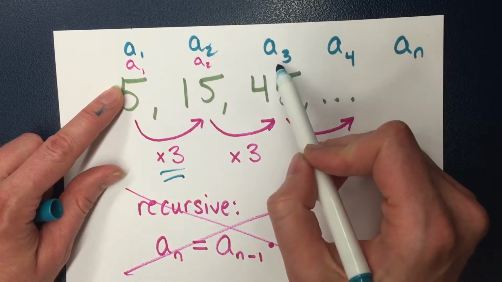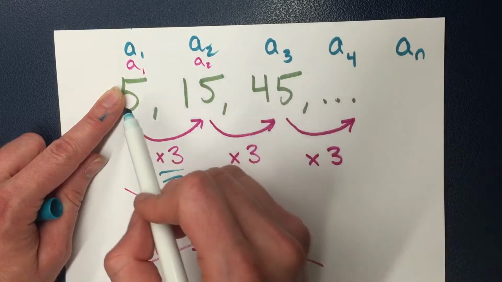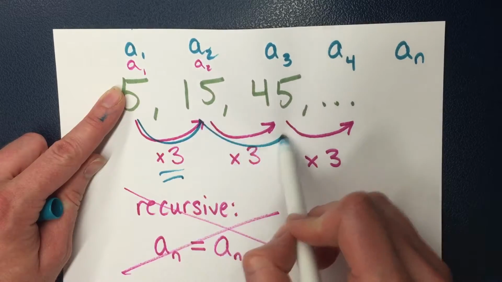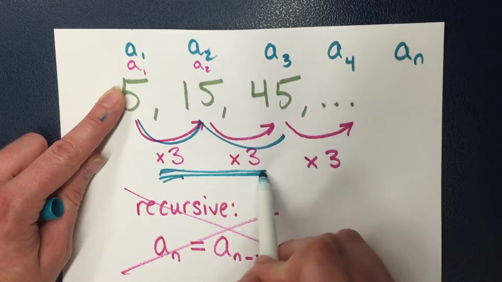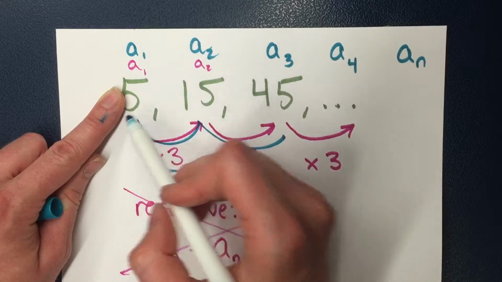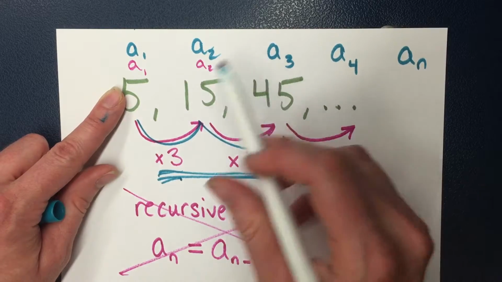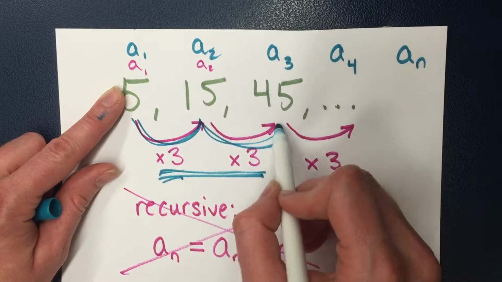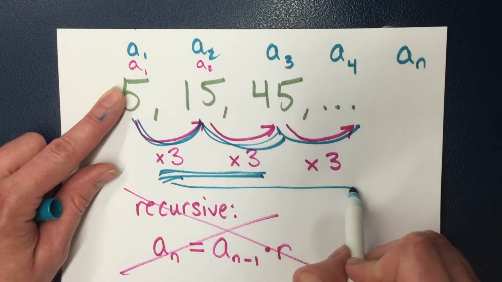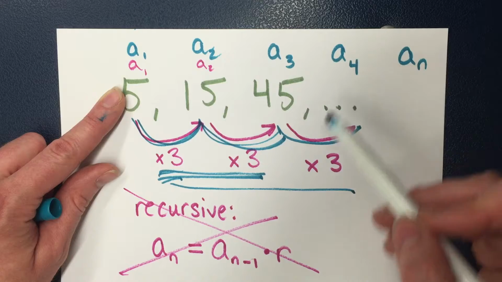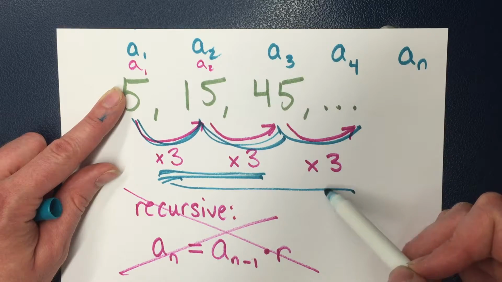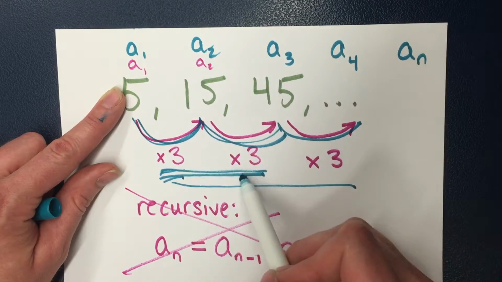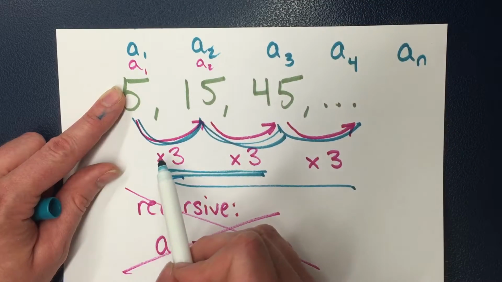In order to get to a sub 3, we'd have to take 5 and multiply it by 3 two times. So the third term is 5 times 3 times 3. To get to the fourth term, it would be 5 times 3 three times, right? So the fourth term is 3 ratios. The third term is 2 ratios. The second term is 1 ratio.